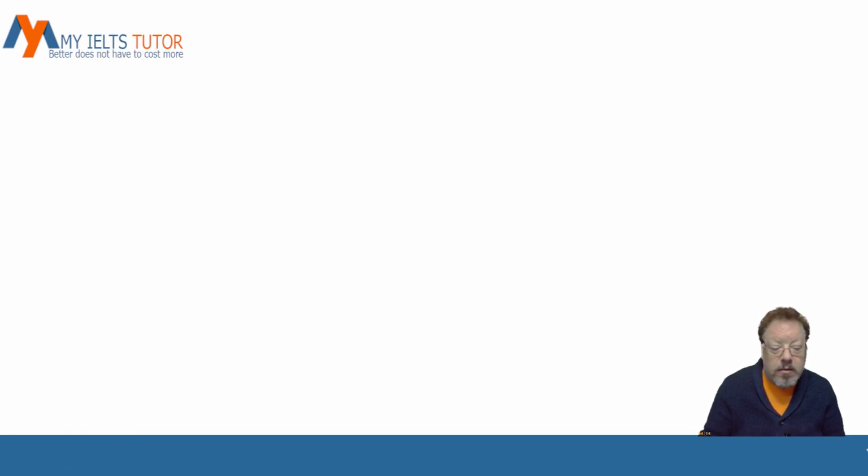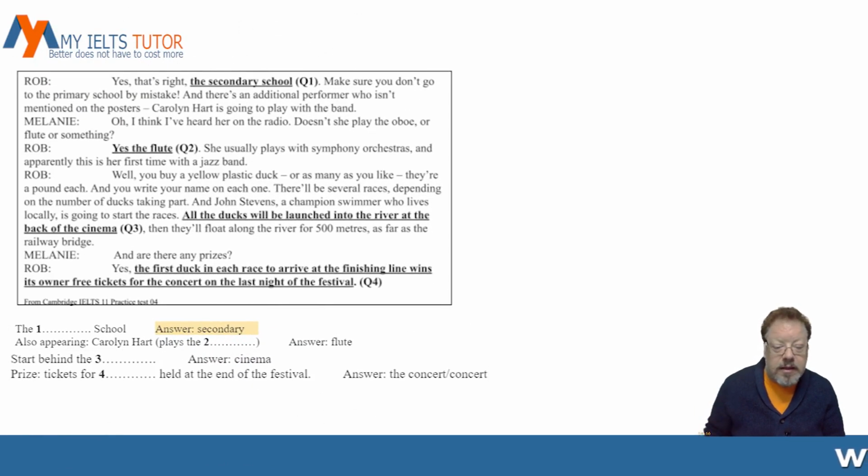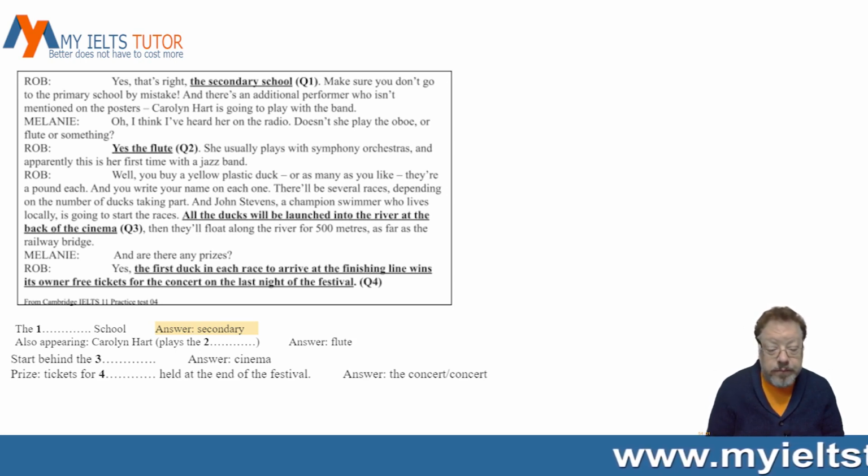Now, looking at the questions as we listen, question 1, the blank school. Rob says, yes, that's right, the secondary school. So secondary school would be the answer. Now question 2, also appearing, Carolyn Hart plays.